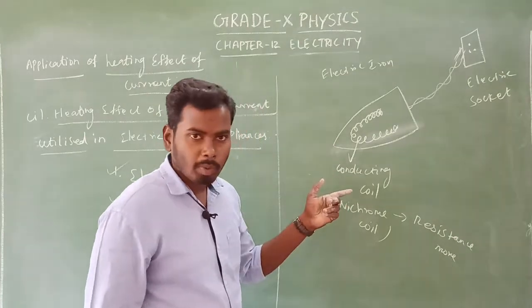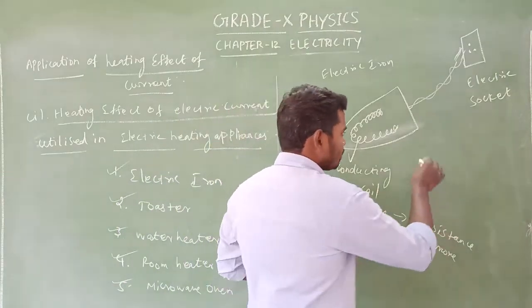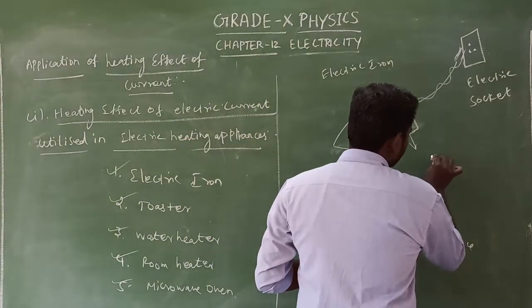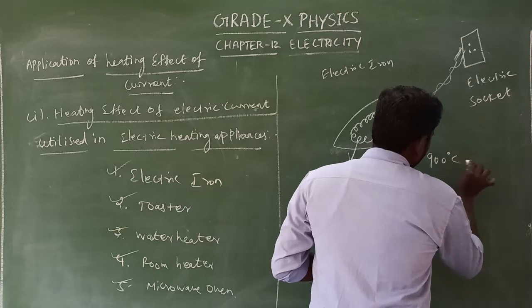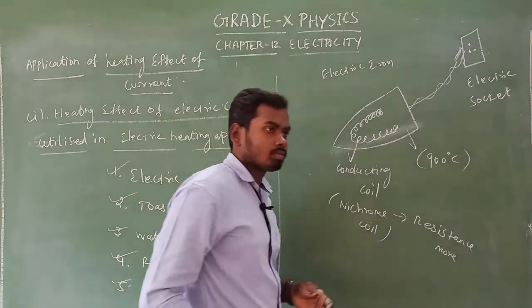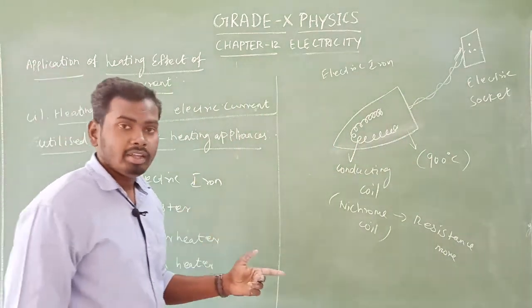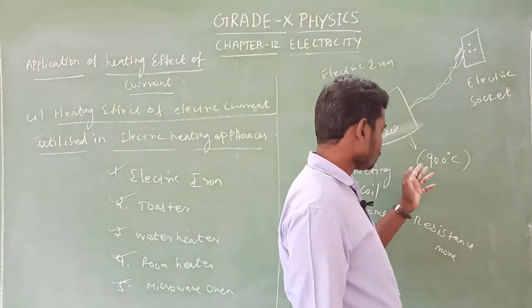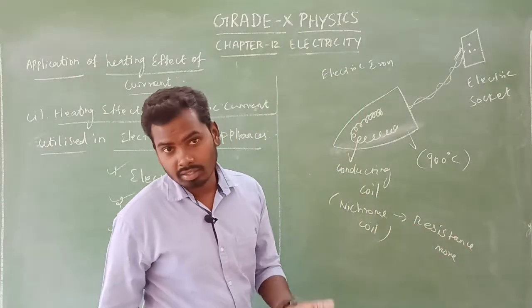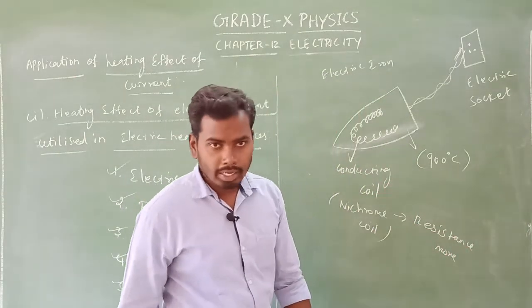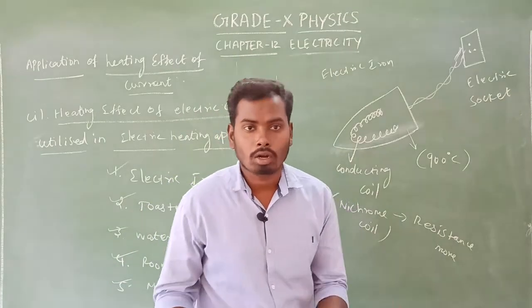So note these points, in most of the electric irons, nichrome gets red hot at 900 degrees Celsius temperature. Temperature how much? 900 degrees Celsius. The nichrome gets red hot. Do you know what is red hot?